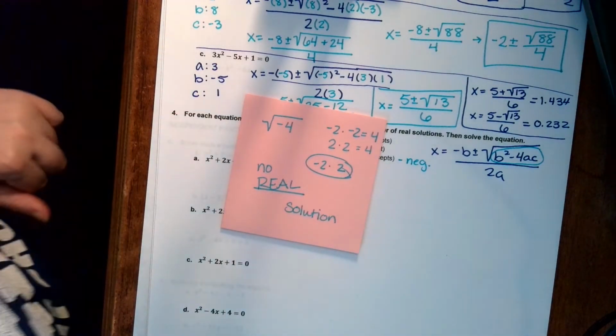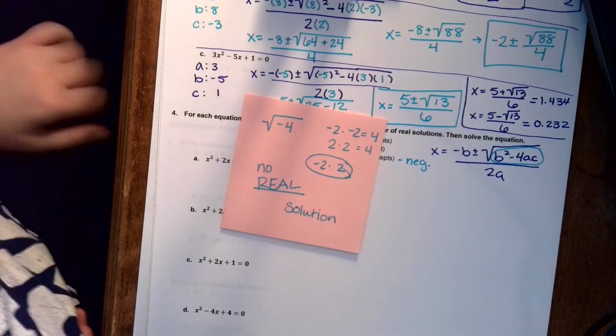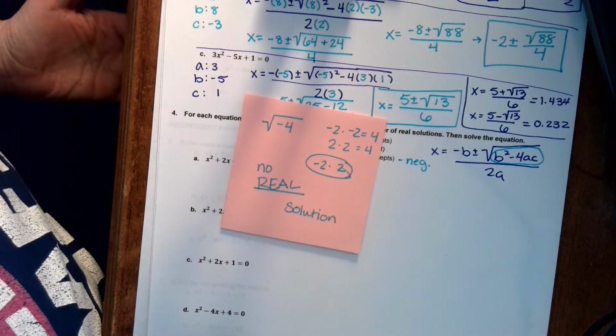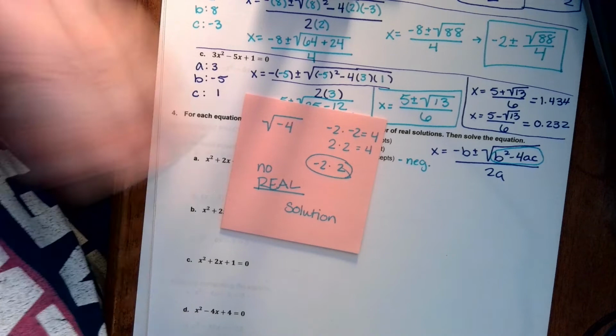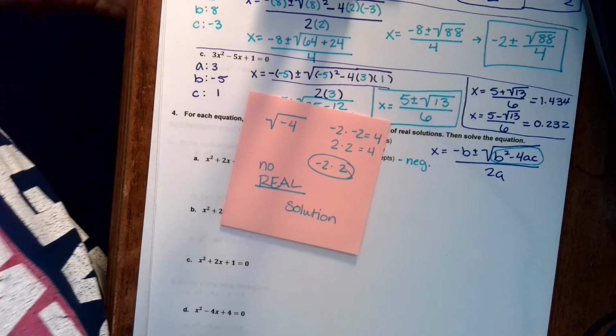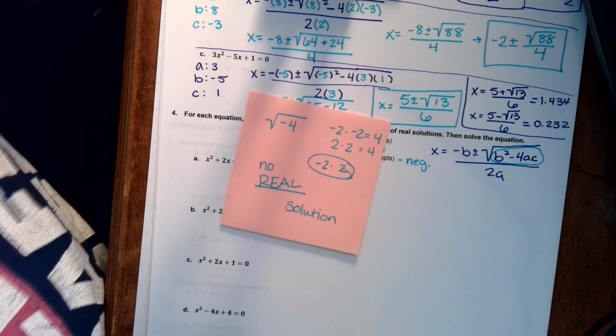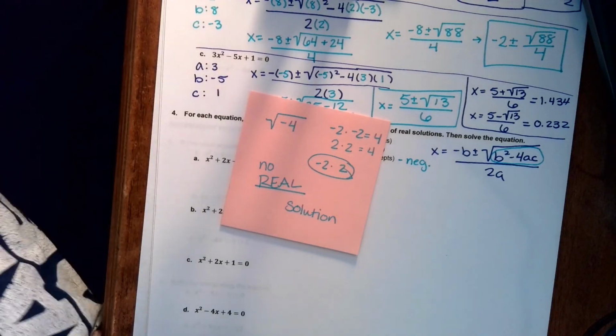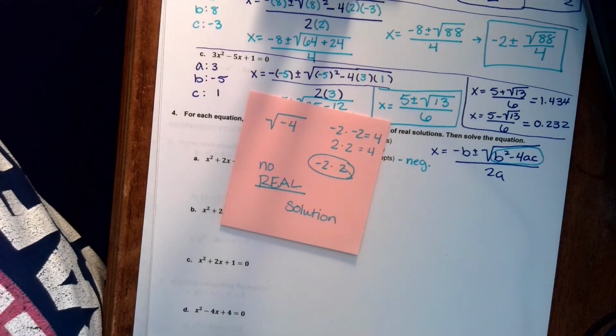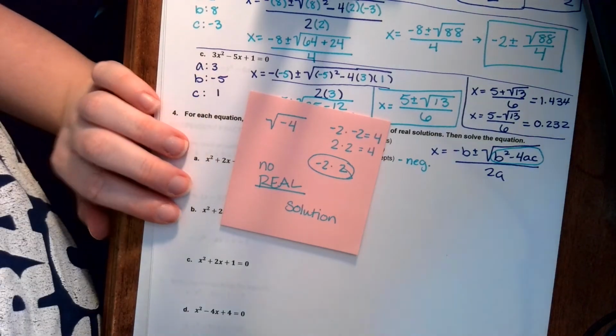Now, if you want a quick Algebra 2 lesson, you get into imaginary solutions, because mathematicians still had to take square roots of negatives, even though it doesn't exist. In order to solve other problems, they had to come up with some sort of solution for this. So what they said is, oh, it's an imaginary solution.